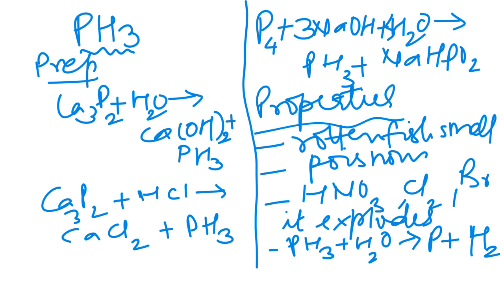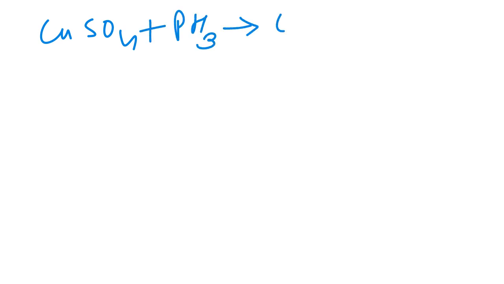Then next, reaction with copper sulfate. Copper sulfate plus PH3 will give copper phosphide and sulfuric acid.